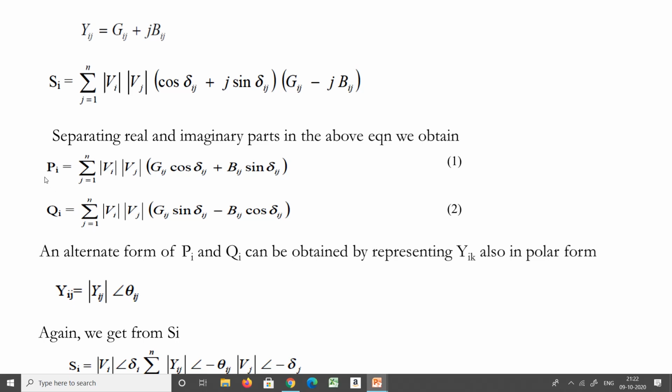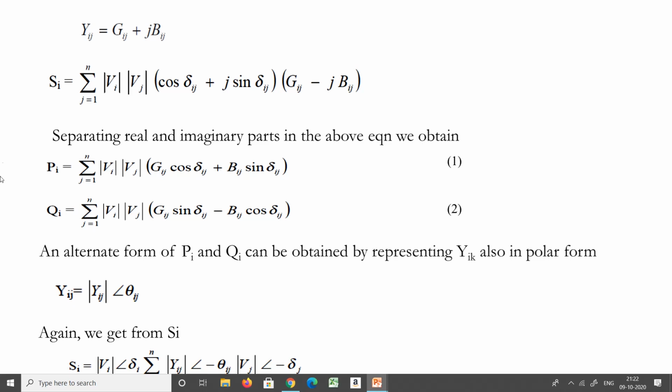Here, from the given equation, 1 is my real part and 2 is my imaginary part. So summation j equal to 1 to n of Vi Vj, when multiplying, G cos delta ij plus Bij sin delta ij. Similarly, the representation is plus and minus.